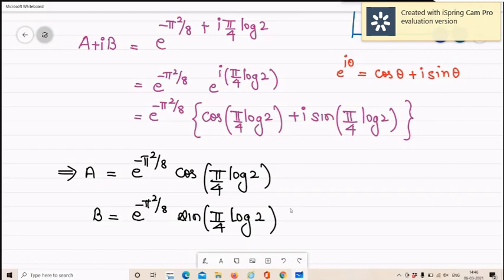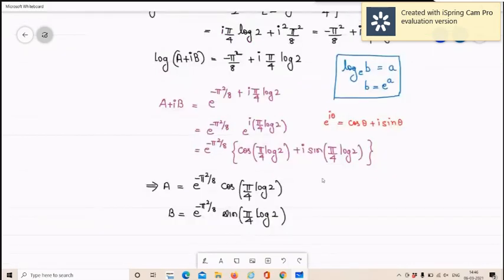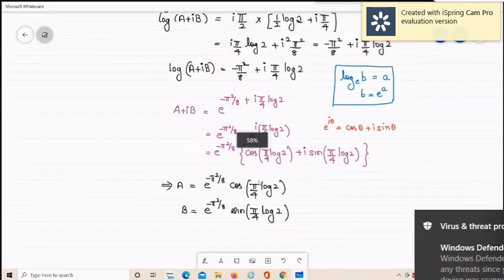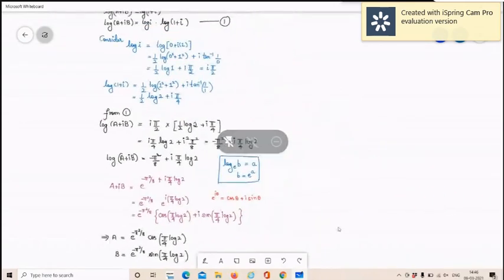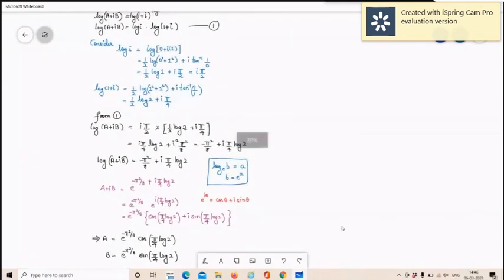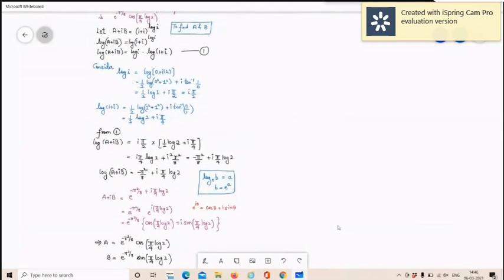Is that clear? I just zoomed out. Please go through it. If anything you have not understood, please unmute and ask, or just put it in the chat box whether it is understood.